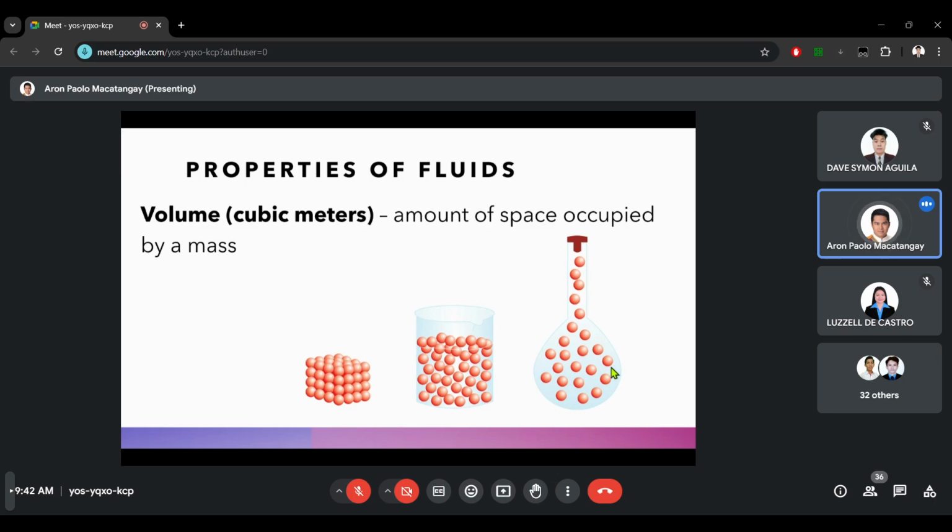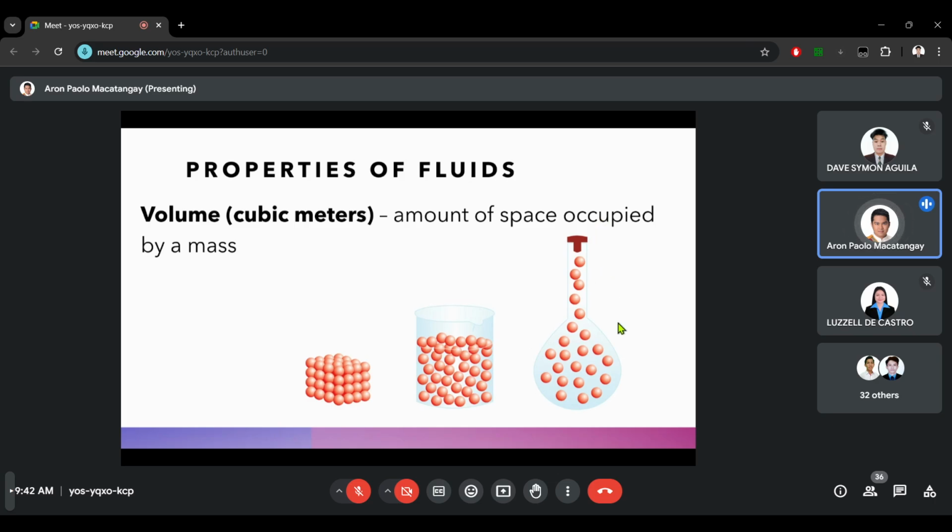But for gases, no matter how small the amount of gas molecules is, they will always take up the entire volume of the closed space, no matter how big it is. So even if there are just a very, very few molecules, if the boundary of the container is very big, then those atoms will still take up the entire volume of your container.